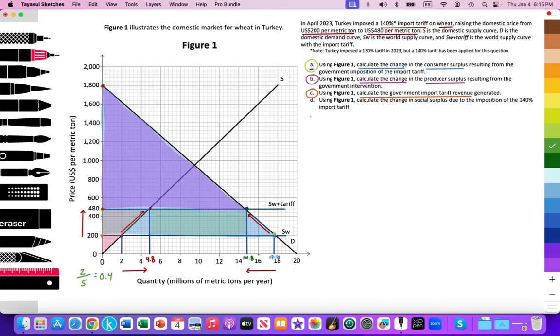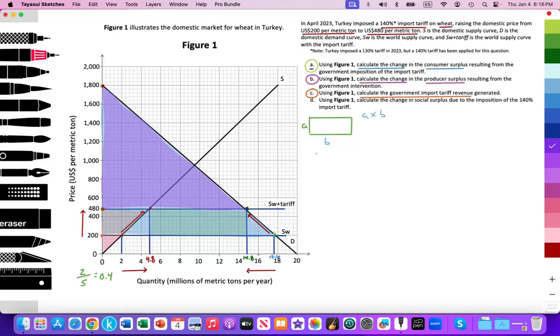Okay, so we're just calculating the surface area of a rectangle. So I just need to figure out the height multiplied by the base, A times B, and that is it. The rectangular area would be A times B, simple enough.